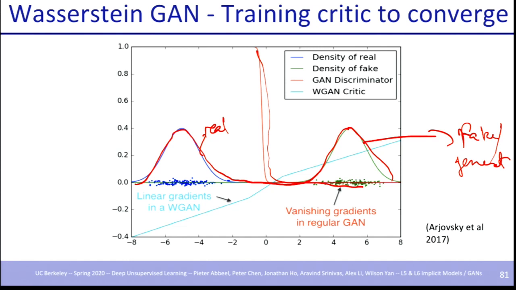But the gradient for the fake or generated samples of the discriminator is 0. So the generated samples are not going to get any gradient from this kind of a discriminator. But look at this Wasserstein critique, the blue line, this one. It's clearly giving you a constant gradient because it's close to a straight line. So the slope is non-zero.